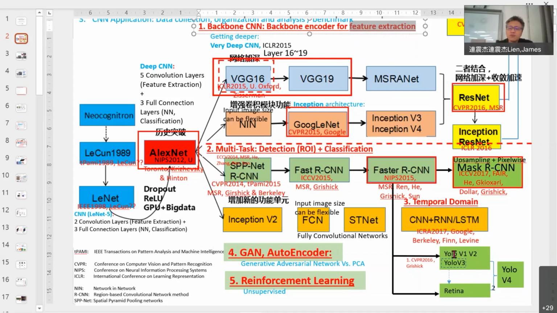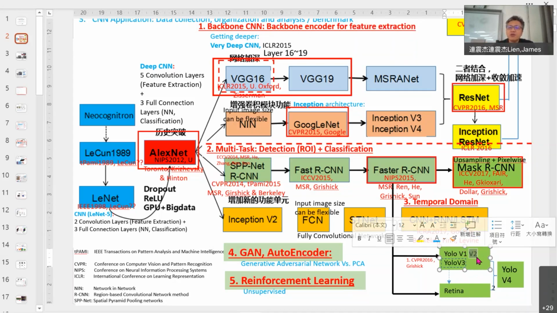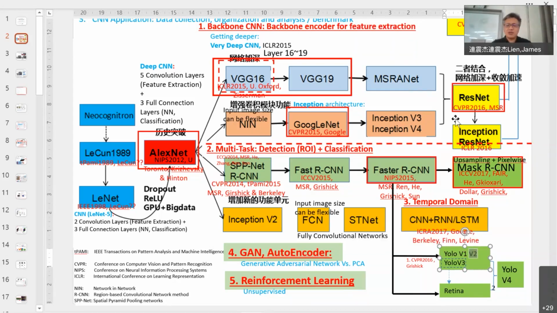And what we keep talking about, YOLO V1, because it is earlier, doesn't have a shortcut. They don't have an identity. YOLO V2 has identity because YOLO V2 is after ResNet. I will talk about the history later. So YOLO V1 is based on the encoder. YOLO V2 is after ResNet, so it has a shortcut and identity.